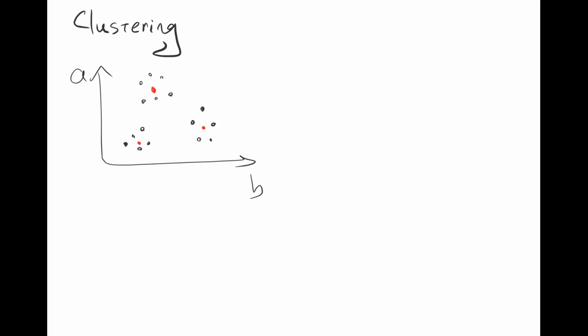So the distance from this observation to this cluster center is much less than to the others. And same for other observations. The distance of each observation within the cluster to its center is much less than to other clusters. So you might say it seems a good clustering. All of the points in each cluster have a short distance to the center of their cluster and a long distance to the other centers.